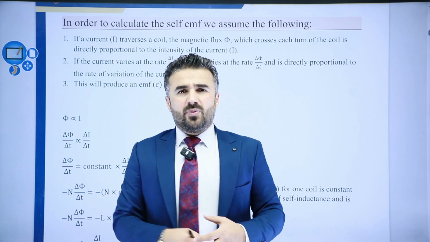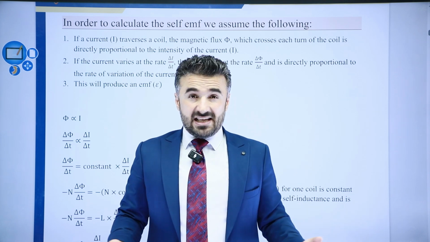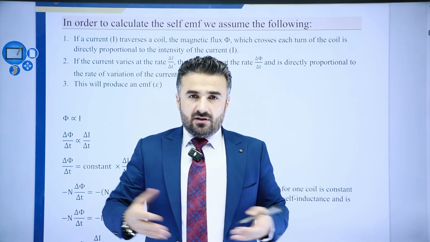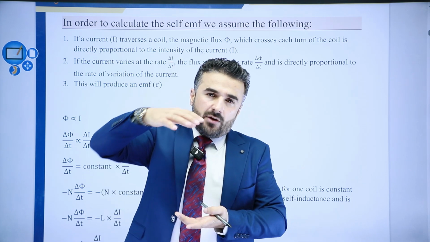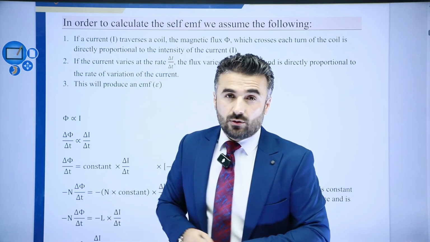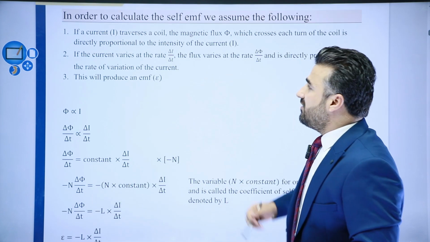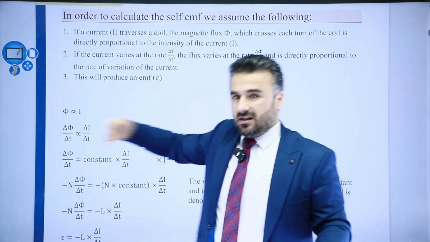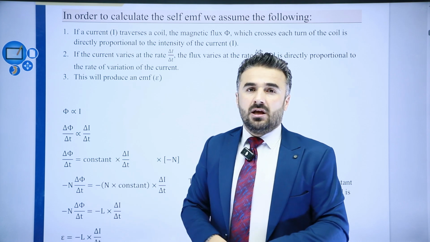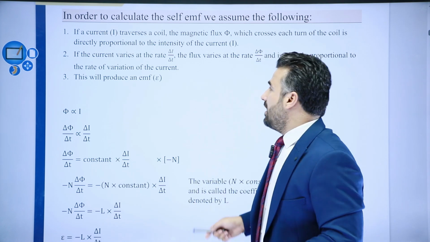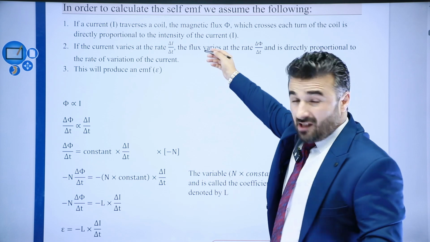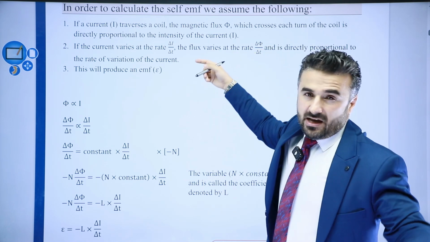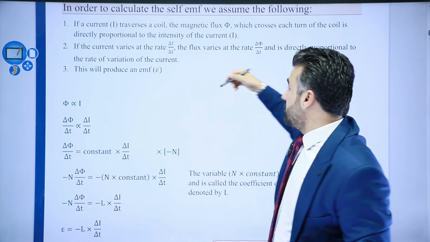Let's say if 1 ampere passes through the coil, of course, you will have a certain magnetic field. What if you increase the intensity of that current, make it 2 amperes? In this case, the magnetic field around the coil or the solenoid gets bigger or stronger. All right, if we change the current at a rate of, let's say, delta I over delta t, that is the change in the current per unit time, the magnetic flux will also vary at a rate of delta flux over delta t.